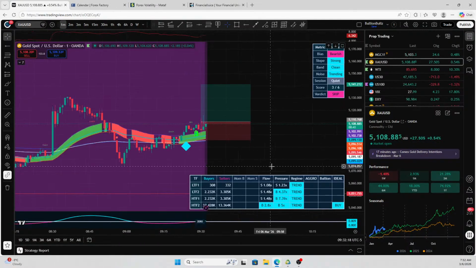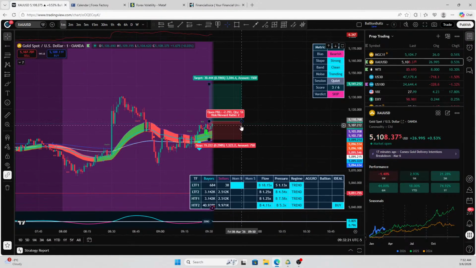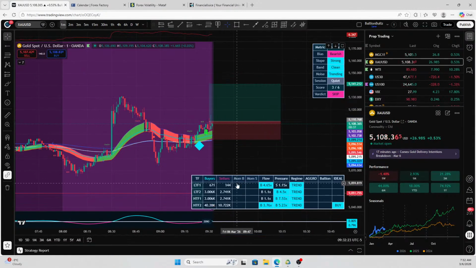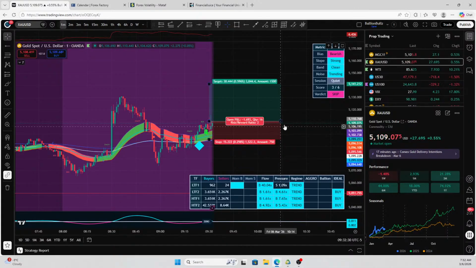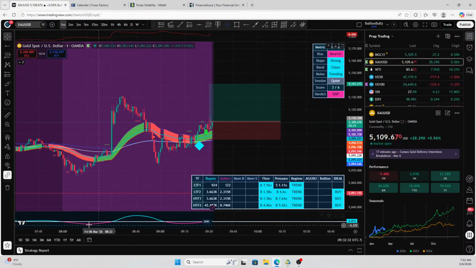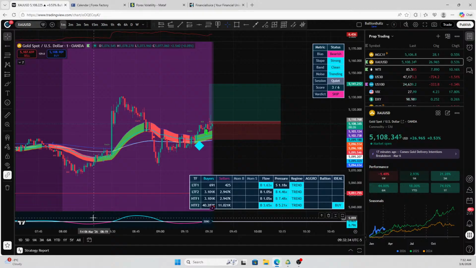So we're going to be waiting for our trade to finish. Yeah, the market is having a huge amount of pressure to the buy side. We are trending. Let's wait.